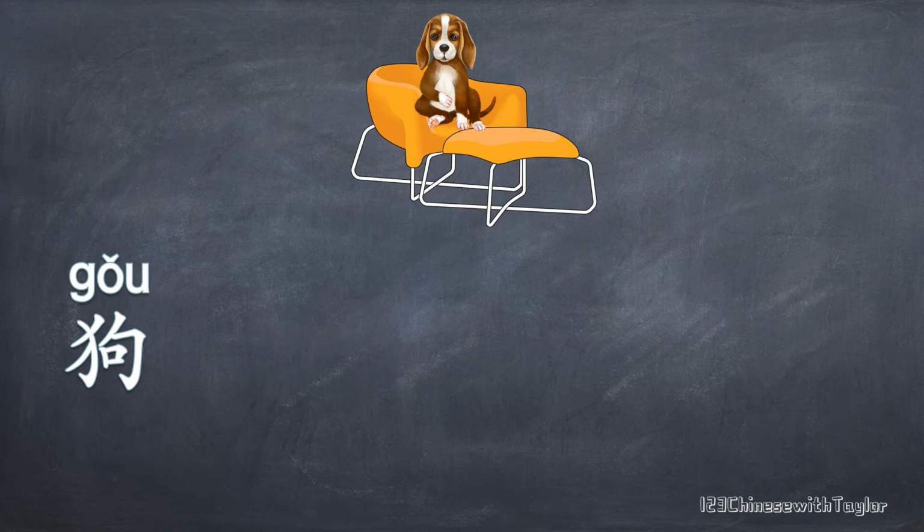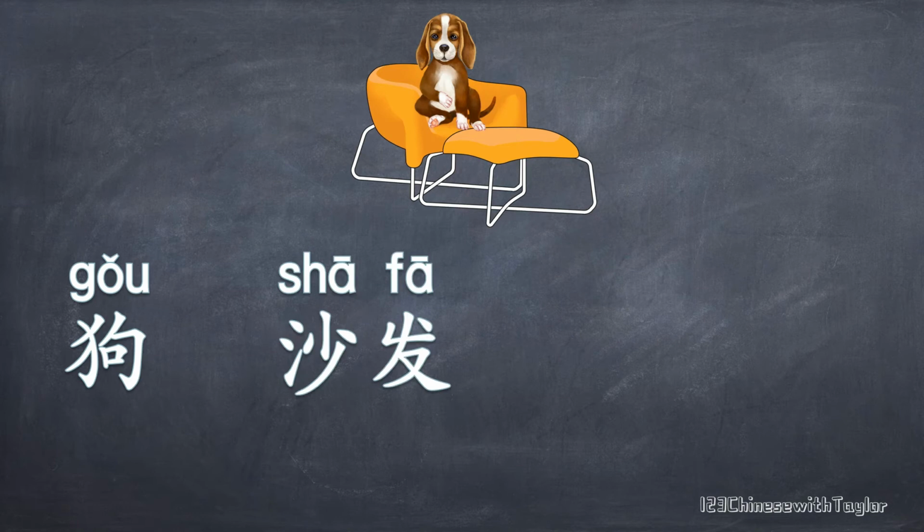And the sofa in Chinese is 沙发. It actually comes from the English pronunciation. It sounds similar to sofa, or 沙发. So it's very easy to remember. 狗, 沙发. Do you remember the word in the sentence? 在.